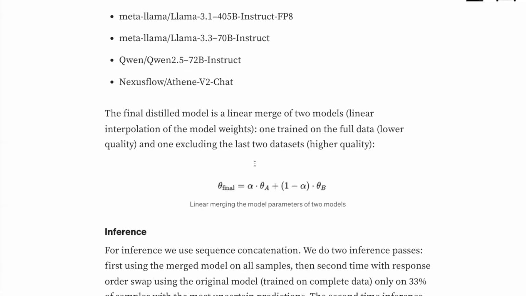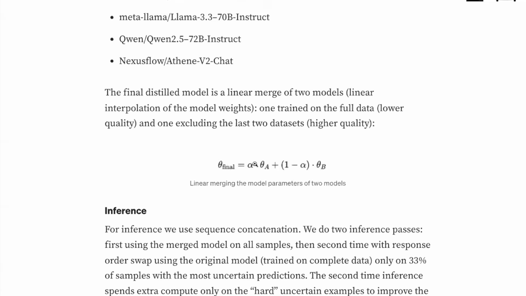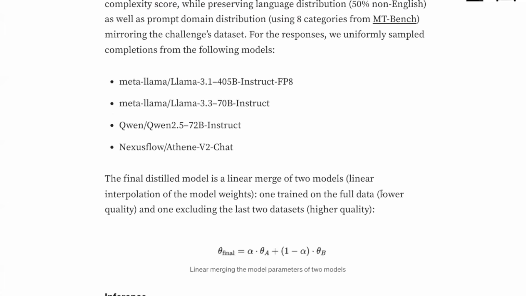So they also train another one just with the data sets with the winning labels included. So I would say the full data is lower quality, with some synthetic labels from the teachers. And then the second model is just trained on the data sets that have the winning labels included. And then they do a model merge.